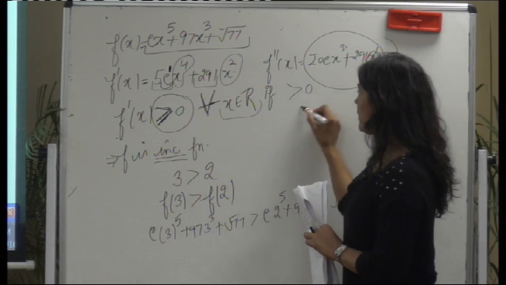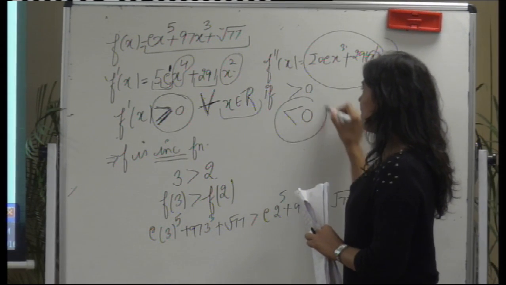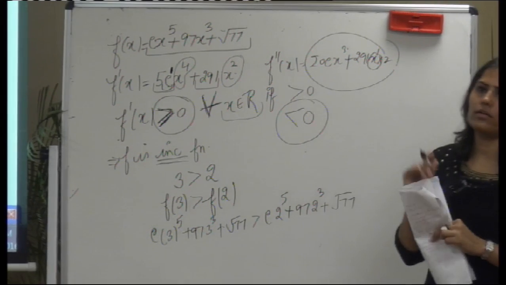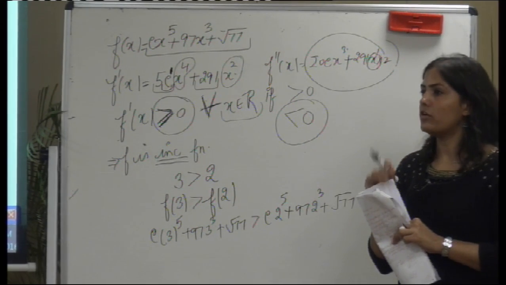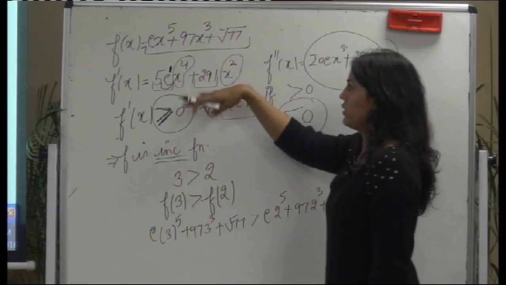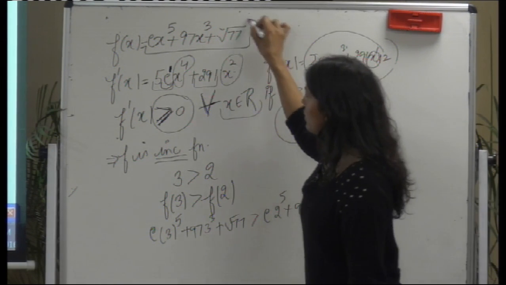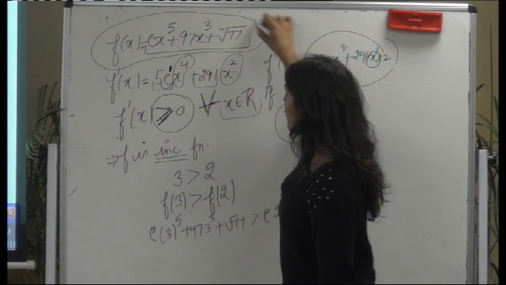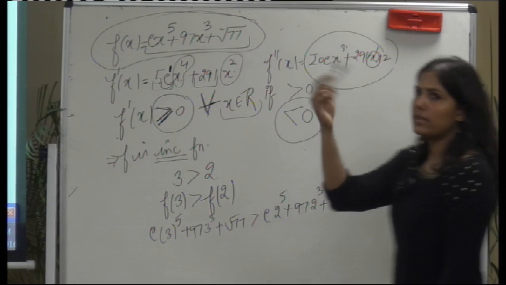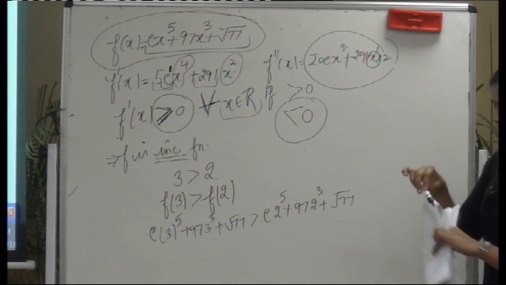But if it is less than 0, then it will reverse the order. So when you answer, you have to be very particular about which function you are answering for. For this function, least value will be minus infinity and then plus infinity. Is it fine? Okay.